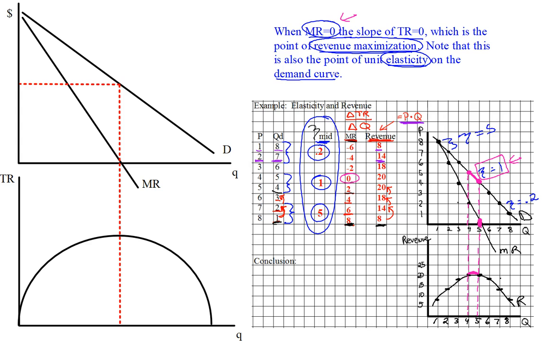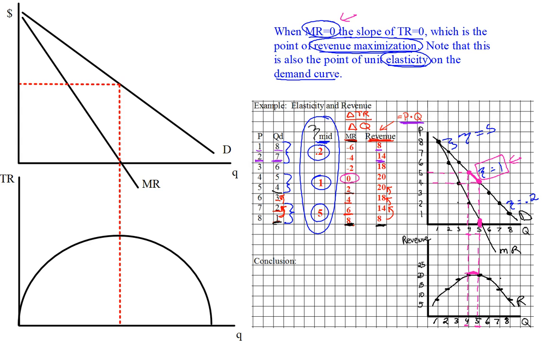That means that if the monopolist chooses to produce between 4 and 5 units, those 4 or 5 units will be the point where we maximize revenue. And in this case, the price is actually between 4 and 5.